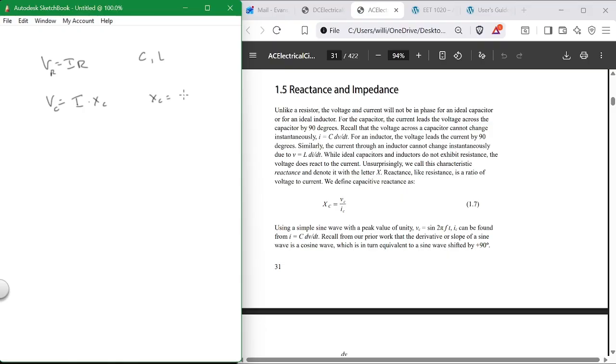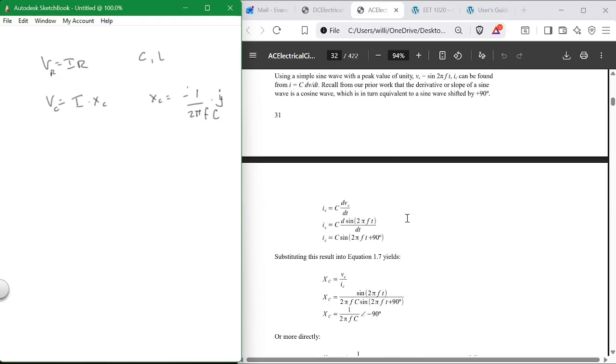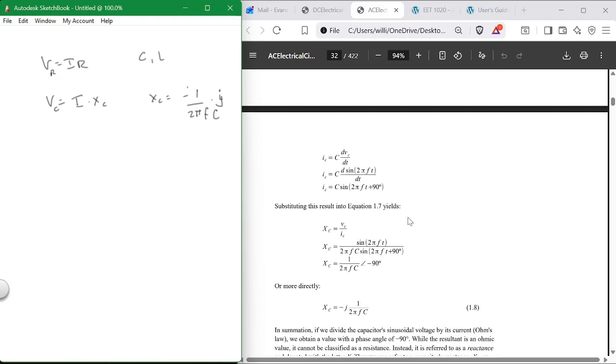X sub C equals minus 1 over 2 pi f C times I, or times J. And that's equation 1.8.